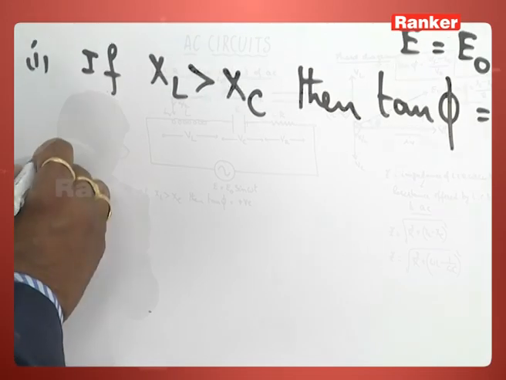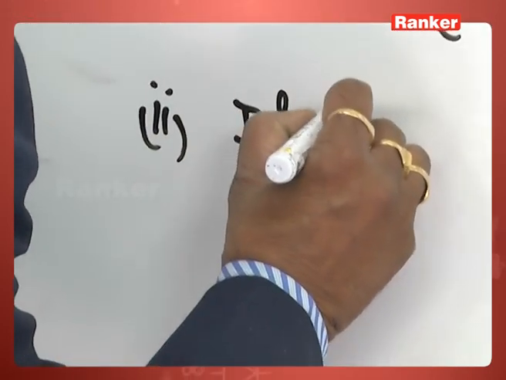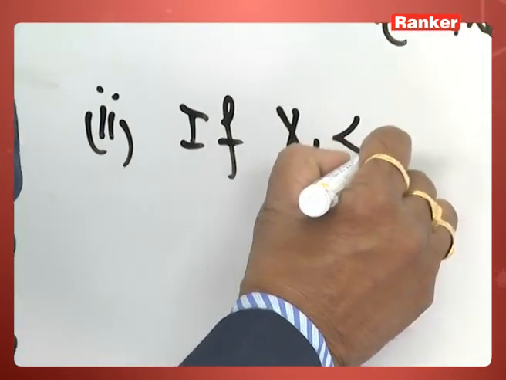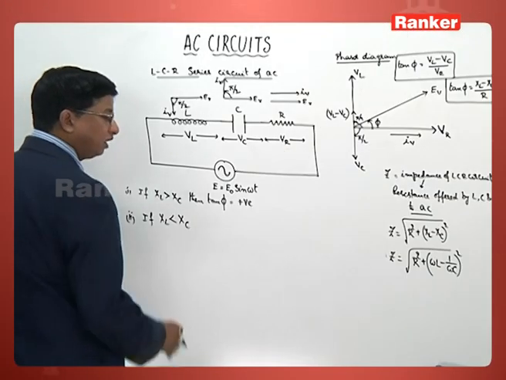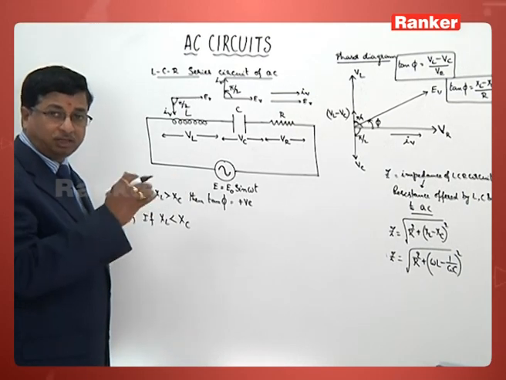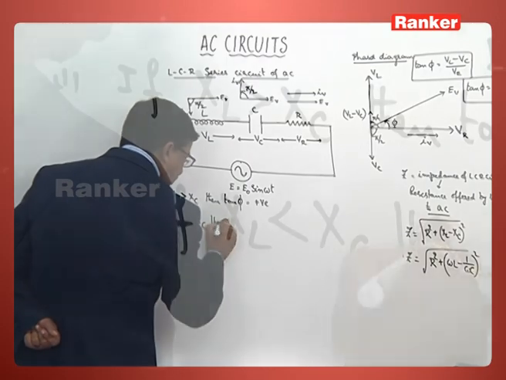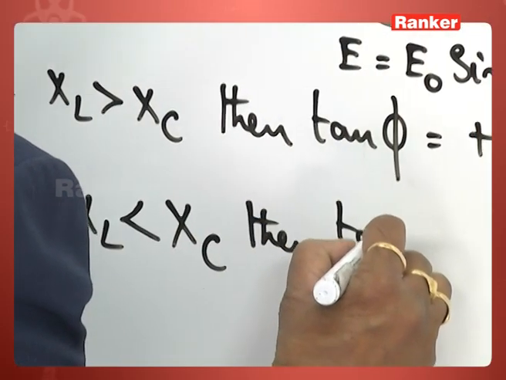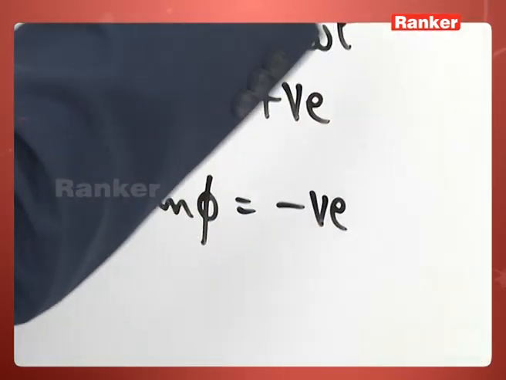The second condition I take up over here is, if XL is less than XC, or in other words XC is dominant, greater than XL, then the value of tan phi now becomes negative.